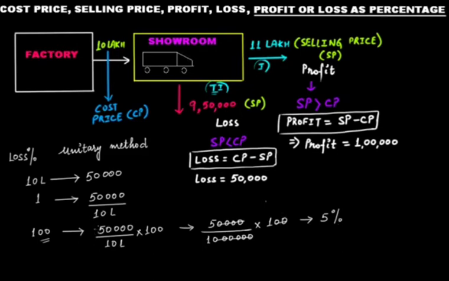If you look at this one, and the same thing was in the case of profit percentage also, but I forgot to tell at that time. Clearly this 50,000 is actually the loss, right? So when you are calculating the loss percentage, it's loss over, this is 10 lakh, what is that? Cost price, times 100.